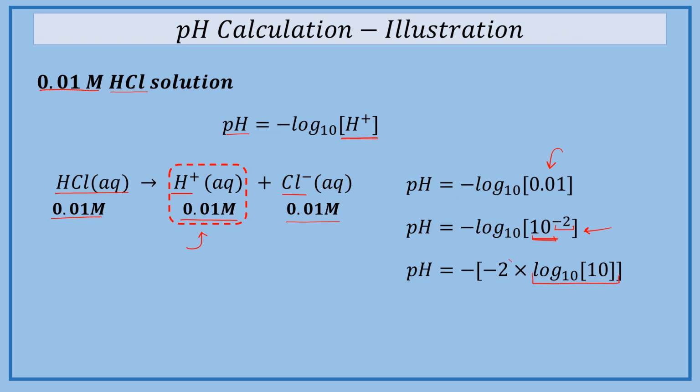So this entire expression can be simplified further in this manner. And also we have noted that logarithm of any number to the base itself will always be equal to 1. So here logarithm of 10 to the base 10 will be equal to 1. So we will put its value in the next step, and after solving we will get the pH of this particular solution as 2.